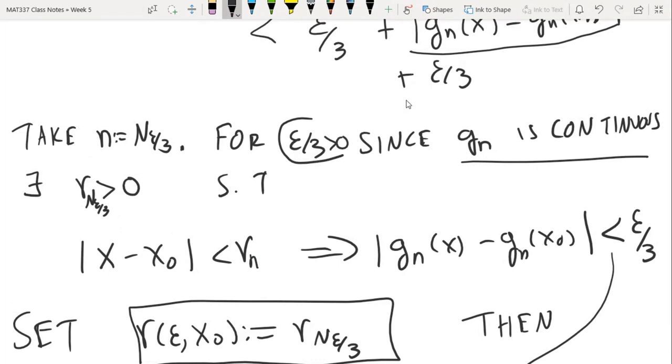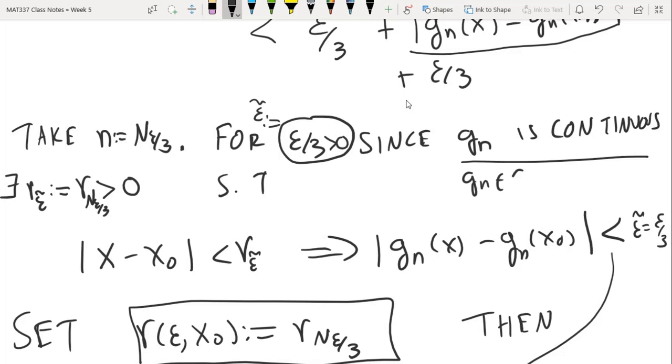That means that if we give you epsilon tilde, there exists R of epsilon tilde, so that you have this statement, because g_n was in C[0,1]. Is that okay?